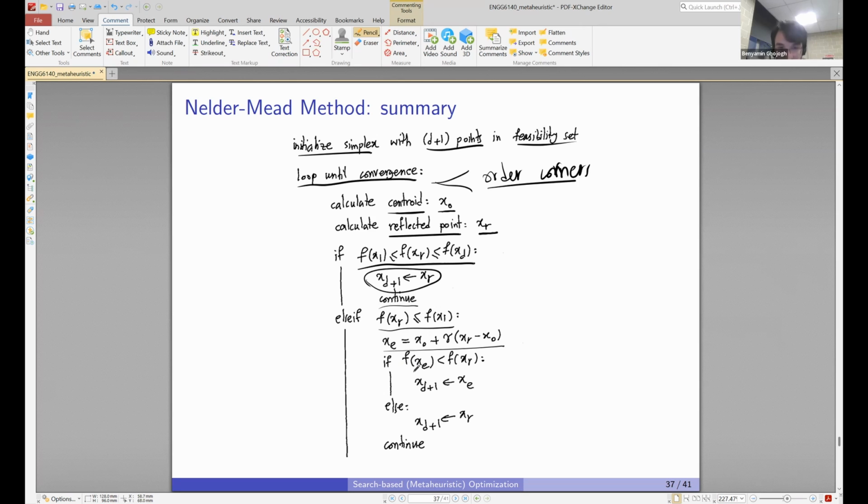If the function value of the expanded point is less than the reflected point, so the expanded point is better than the reflected point, then replace the worst corner with the expanded point. Otherwise, replace the worst corner with the reflected point and then continue. Go to the next iteration and order the points again.